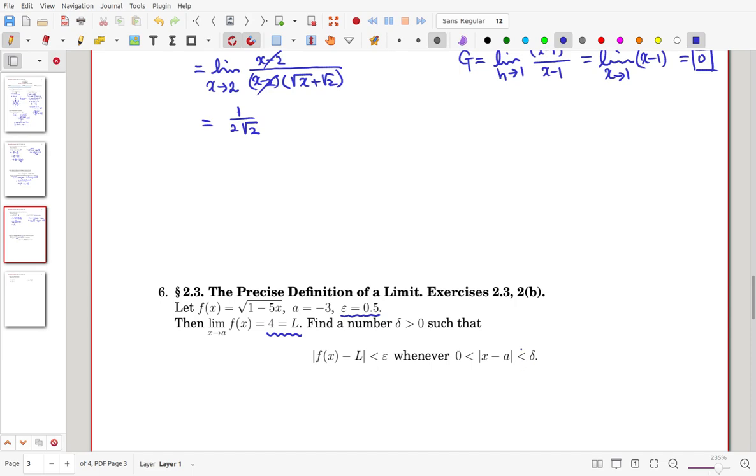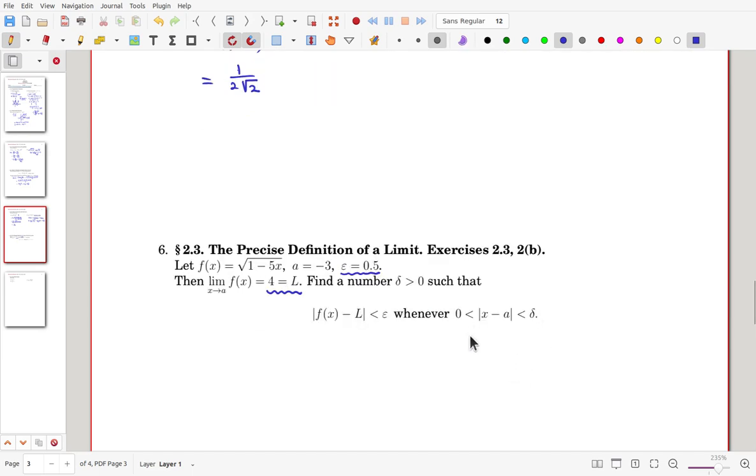We have to find the delta, so that when x is chosen satisfying this inequality, the function value is always around L, and the distance is bounded by epsilon.